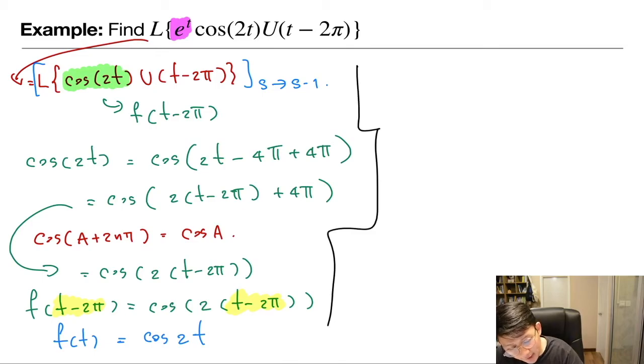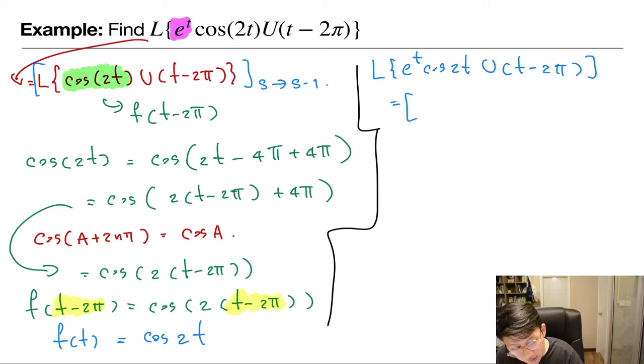So the Laplace transform of e to the t cos 2t u(t minus 2 pi) would be, by the formula with e to the minus a s, e to the minus 2 pi s times the Laplace transform of cos 2t.